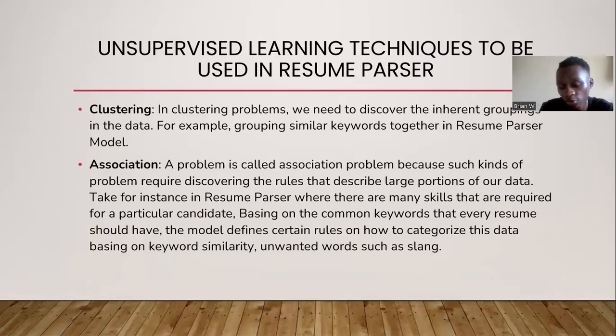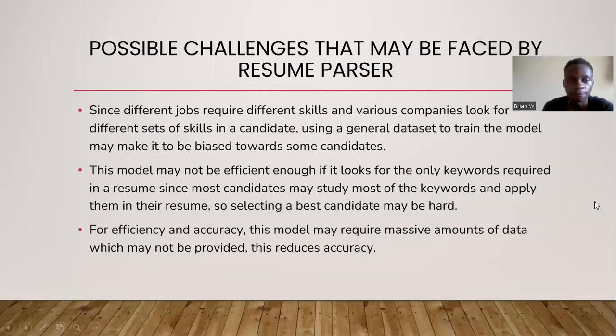For example, in our resume parser, we have lots of keywords to identify. So based on those keywords, the model defines certain rules on how to categorize this data based on the keywords, similarities, and unwanted keywords, as we said, such as slang and vulgar and so on.